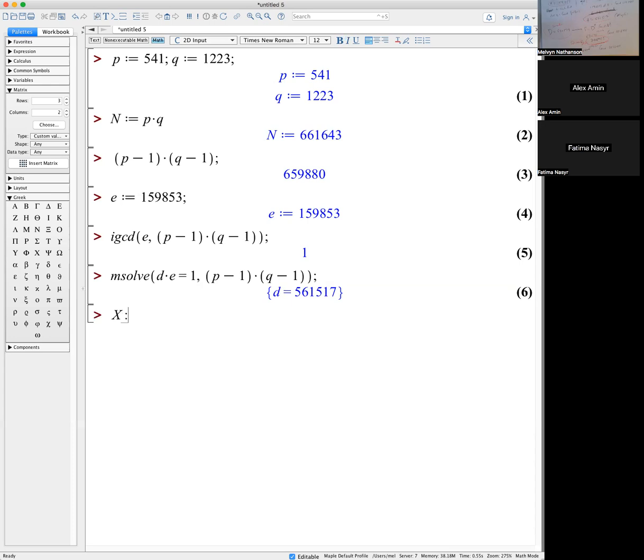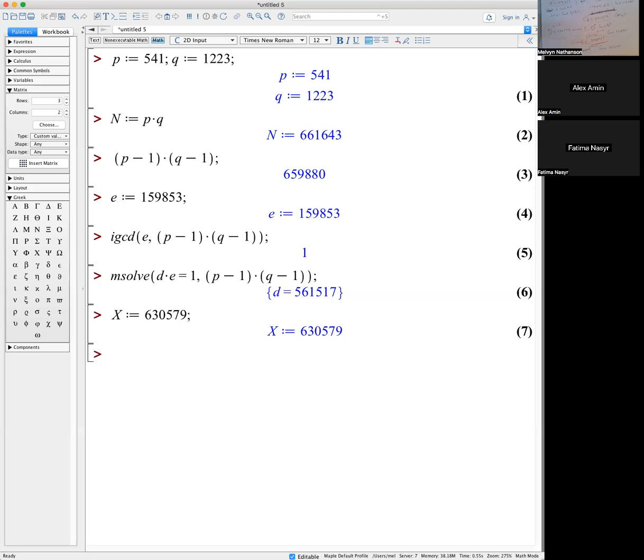So X is going to be 630,579. And that's her actual signature. And she's going to create her digital signature that she transmits.